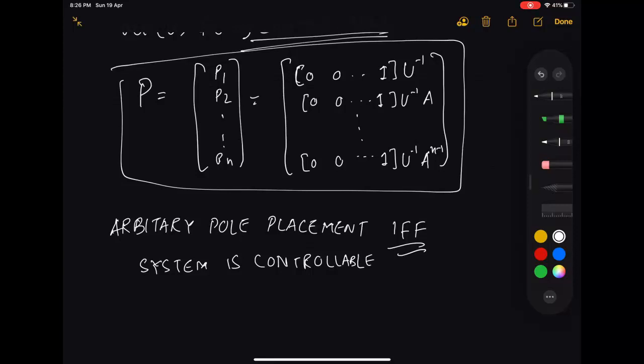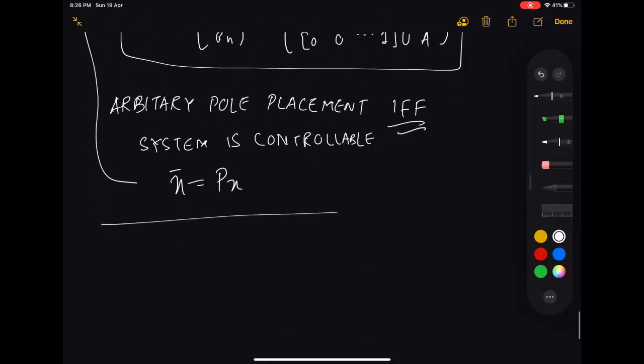And you can do this by converting to controllable canonical form if you like, and the conversion is given by the transformation x bar is equal to Px, where the matrix P is defined like this.